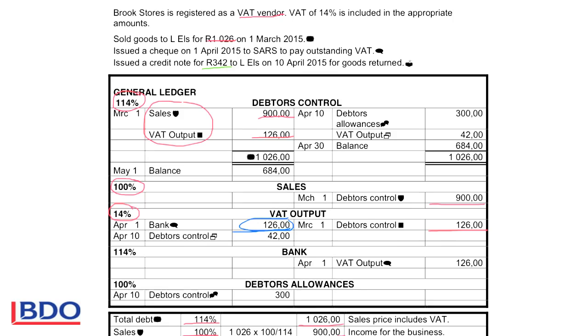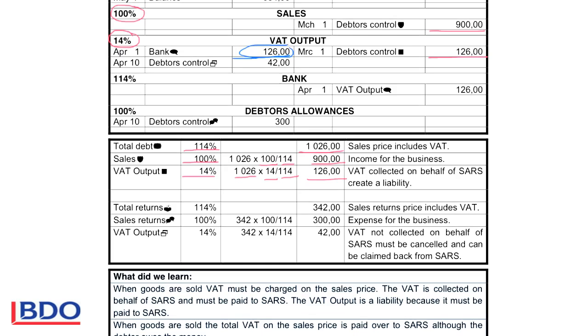So therefore, again, I have to go and do a calculation to determine what amount is VAT and what portion of that amount will reduce my profits and will be sales returns. So the total returns is 342 Rand. That figure equals 114% because it's the 100% of the price that is returned to the business plus the 14%.